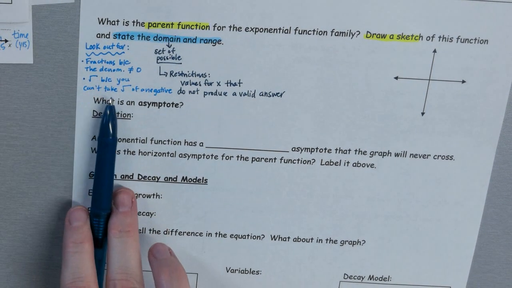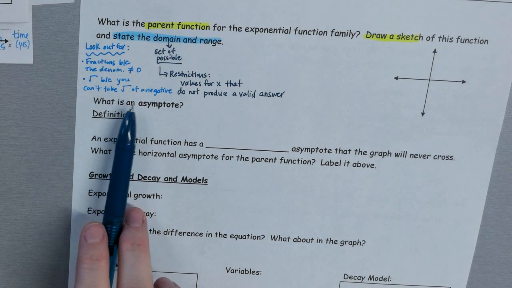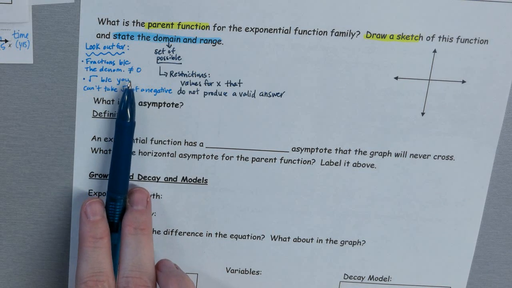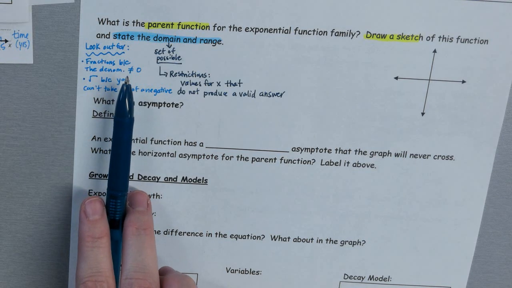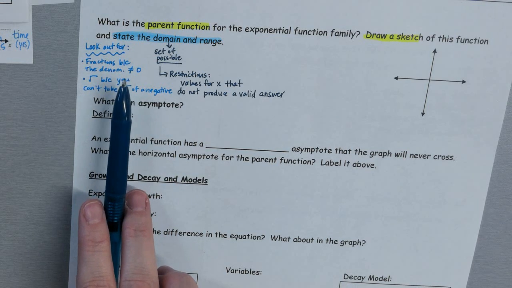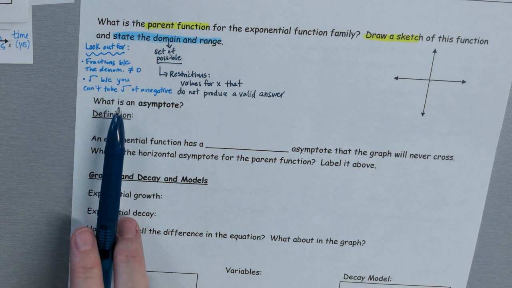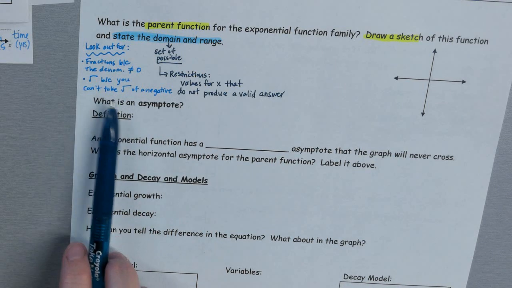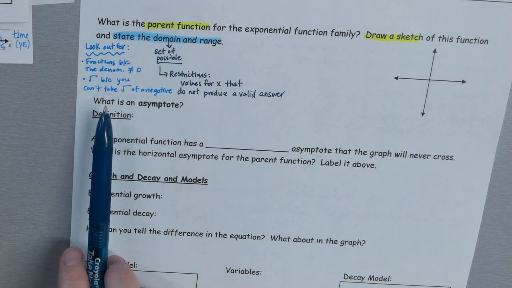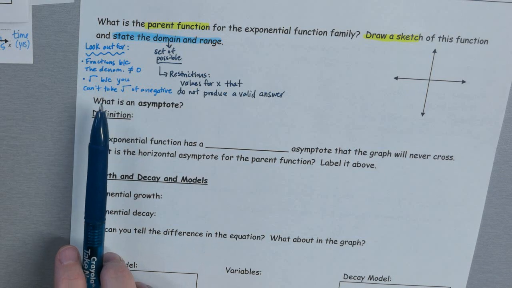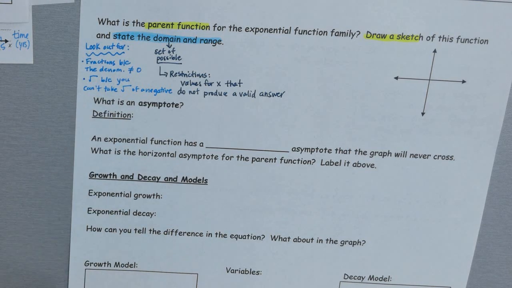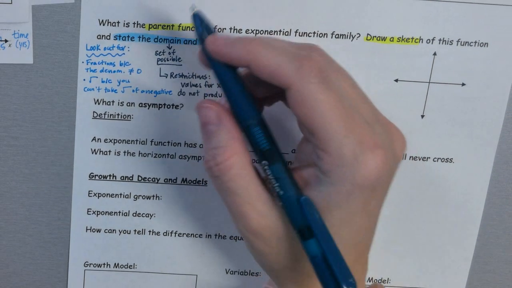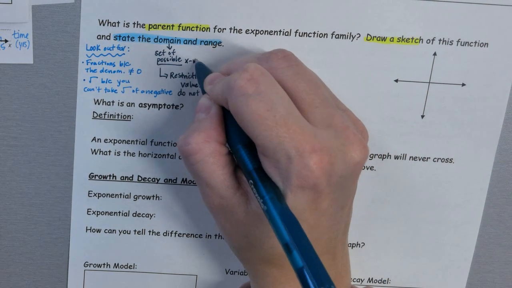We've only talked about these two situations, right? So you couldn't plug something in for x that would make the denominator 0 because you wouldn't be able to get an answer, right? You would get that error, you can't divide by 0. Same thing if you try to use your calculator to take the square root of a negative, you would not get a valid answer. You'd have to go into your imaginary numbers. And then, oh, sorry, I just said set of possible, but we got to put the x values.